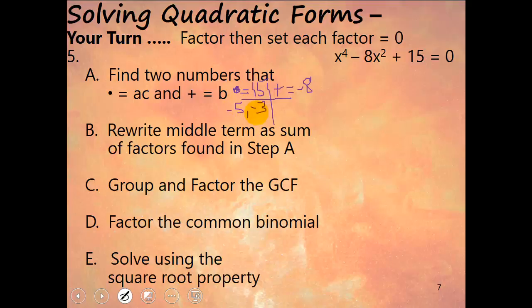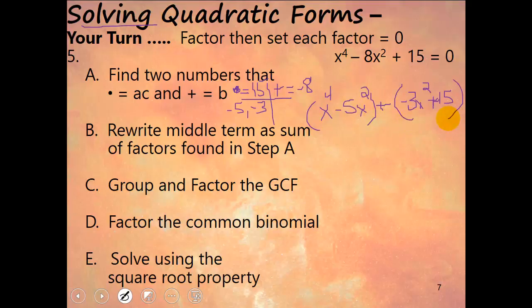So I'm going to rewrite it as x to the fourth minus 5x squared, and then minus 3x squared plus 15, set equal to 0, and I'm being asked to solve. Okay, so then I'm going to group.